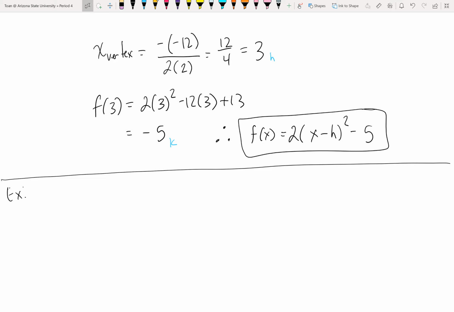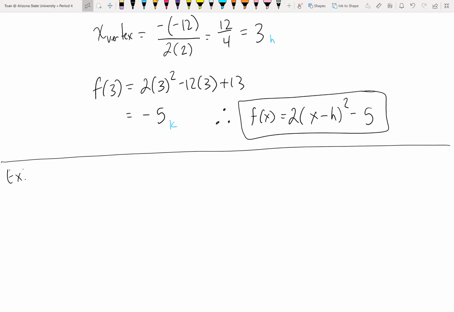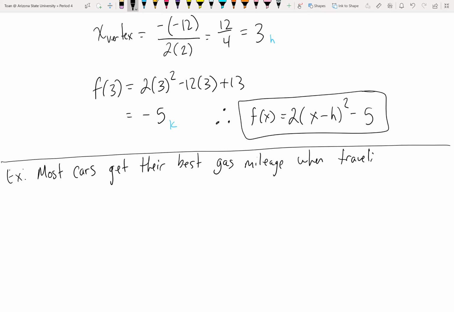So let's take a look at this example. Caution, it's going to be a word problem, so you might have to write like 2 sentences. Okay. So for example, most cars get their best gas mileage when traveling at a relatively modest speed.